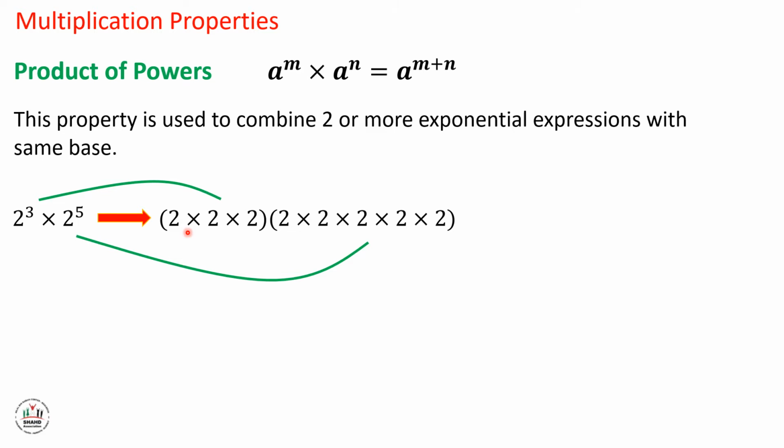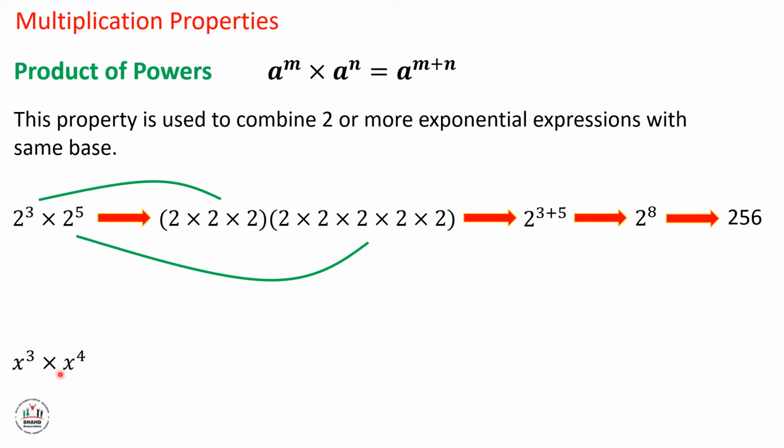And we have seen these examples in the explore section in the riddle. So the result will be equal to 2 power 3 plus 5, which is equal to 2 power 8. And the final result will be equal to 256.